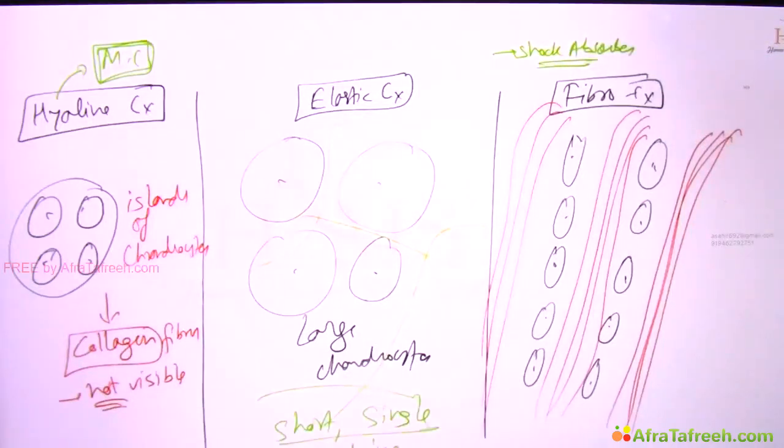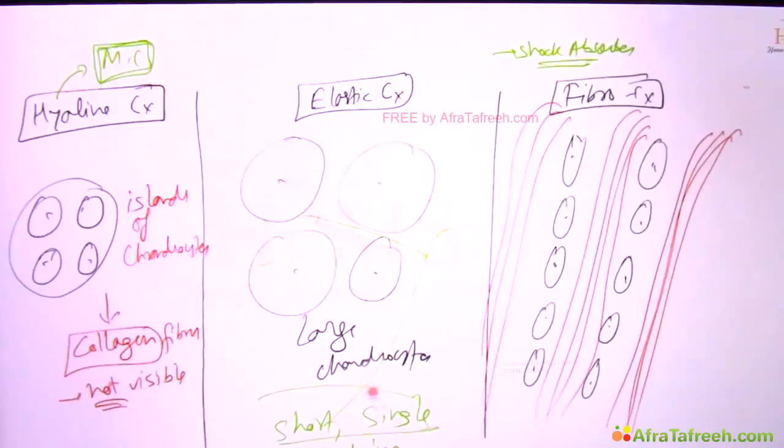So, short, single and branching fibers, yes. You are comparing it with what? With collagen fibers. They are long, wavy bundles of fibers, and these are short and single fibers. So these are elastic fibers in the elastic cartilage with large chondrocytes.